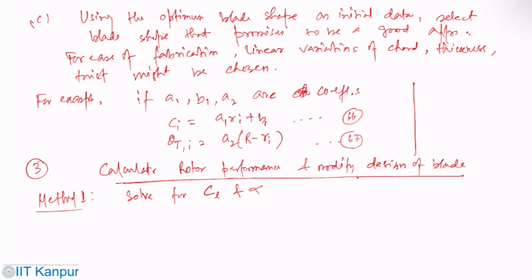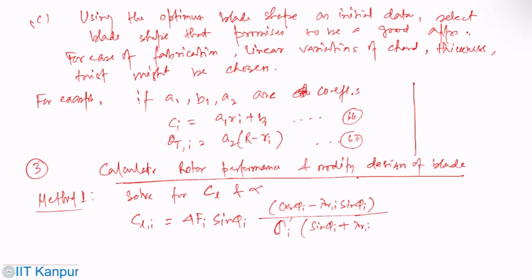Like CLI equals 4 Fi sin phi, then we have cos phi minus lambda Ri sin phi, over sigma prime I times sin phi plus lambda Ri cos phi.